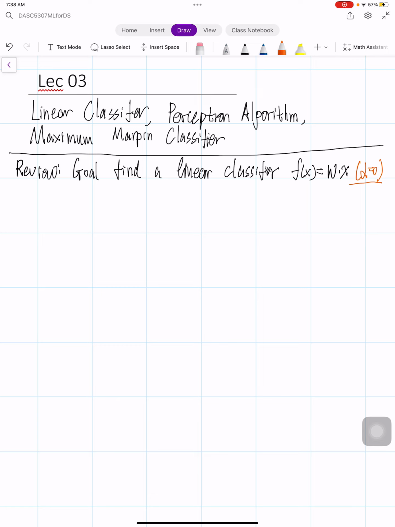So let's simplify the problem. In other words, we want our decision boundary to cross the origin.